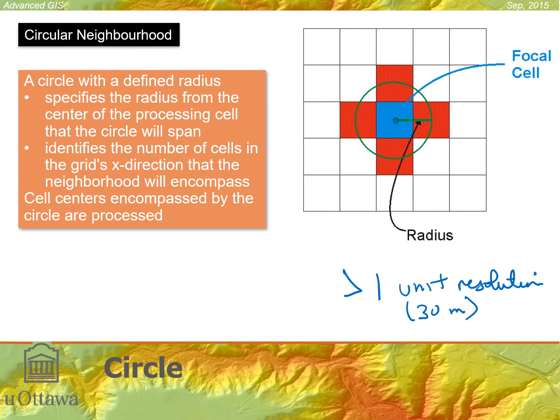Well, a communications tower's signal, all other things being equal, would decay because of atmospheric disturbances in an isotropic way, and that means decay would be the same in all directions. And so a circle is a good thing to use to model the distance at which a particular signal would still be strong enough to be picked up by a receiver, like a cell phone, for example. So in those cases, circles make sense.